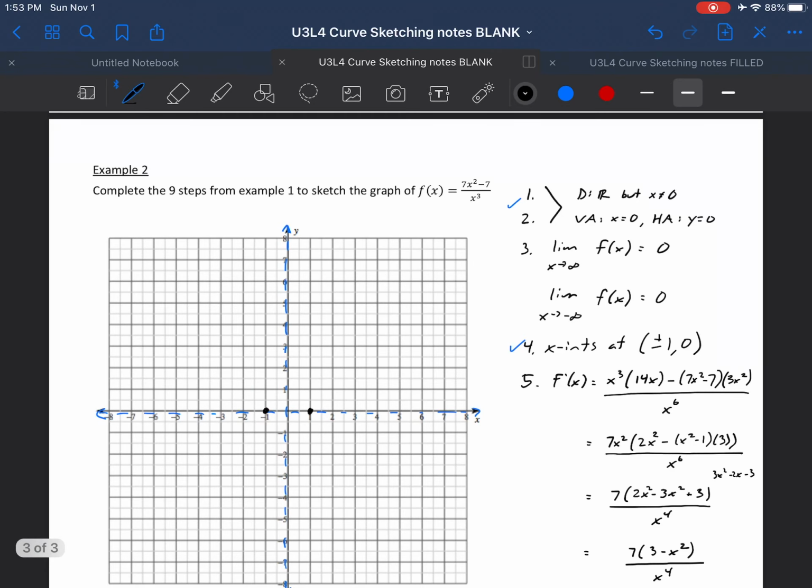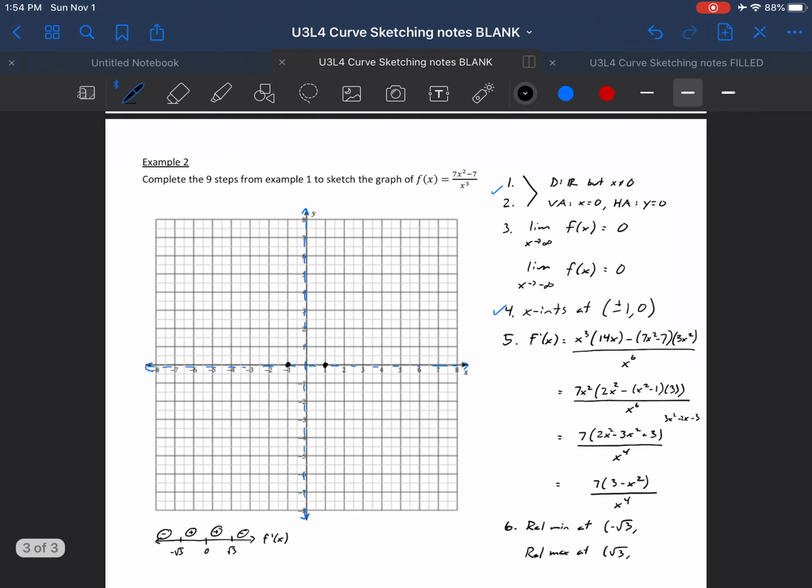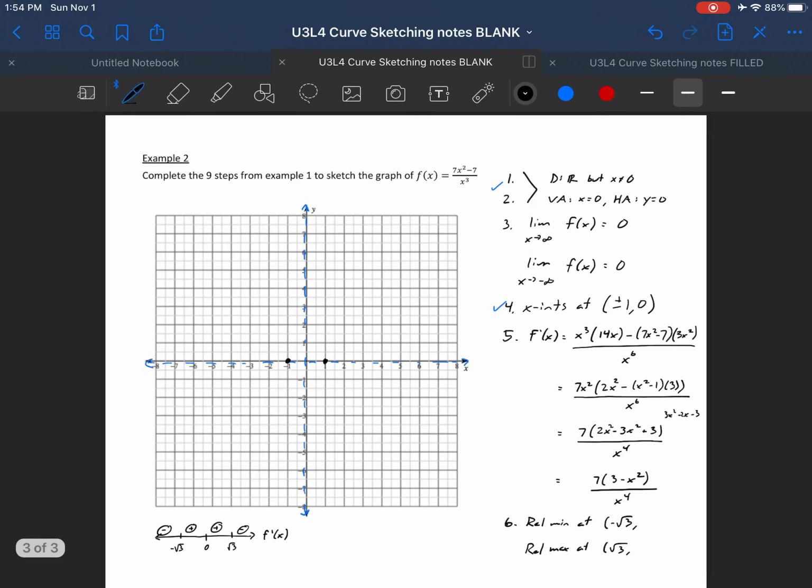Okay, so if we take negative root 3 and plug in, really we need a calculator for this, right? Because this part we could do. This is going to be 7 times 3, which is 21, minus 7 is 14.